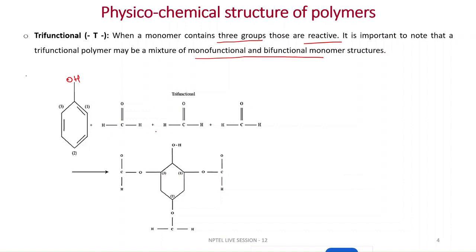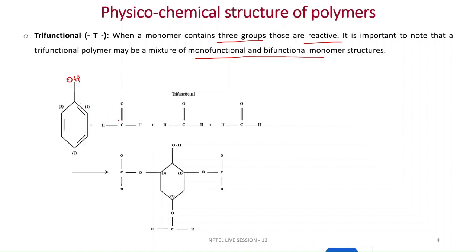it reacts with three formaldehyde molecules. Right? When the reaction occurs, in these three positions, 1, 2 and 3, these formaldehyde groups will react because these formaldehyde molecules have three reactive groups in the form of OH group.